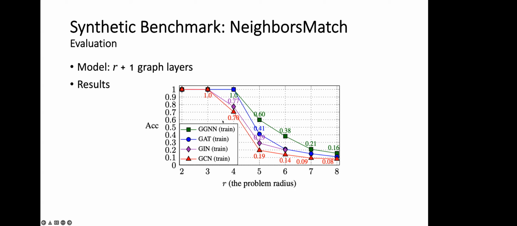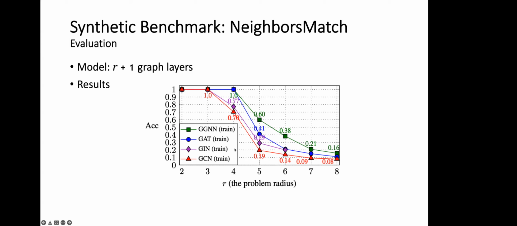For example, the training accuracy of the graph convolutional neural network at R equals 4 is 70%. And at R equals 5, all GNNs fail to perfectly fit the data.